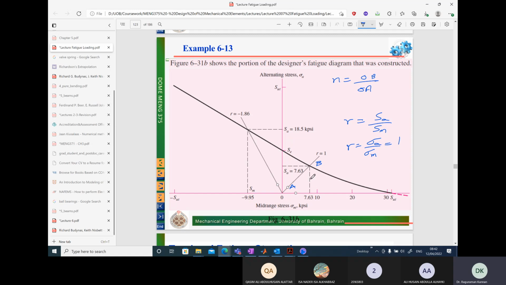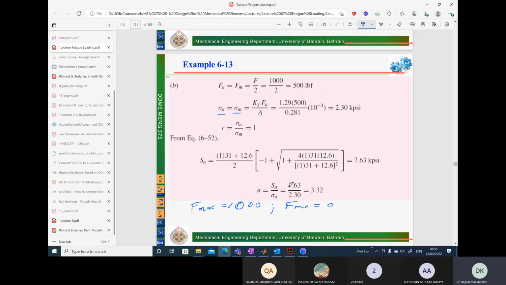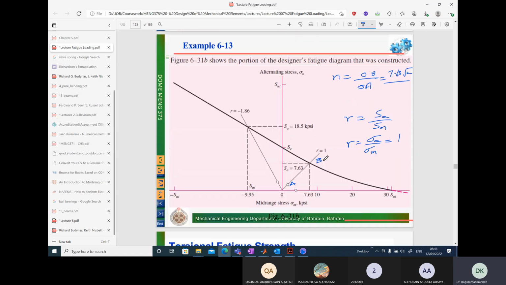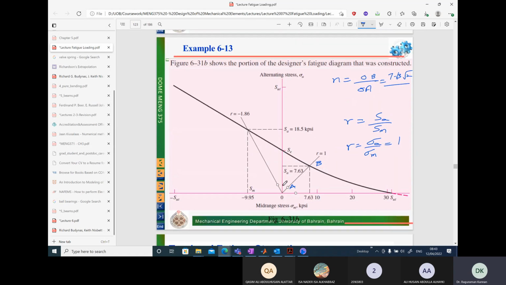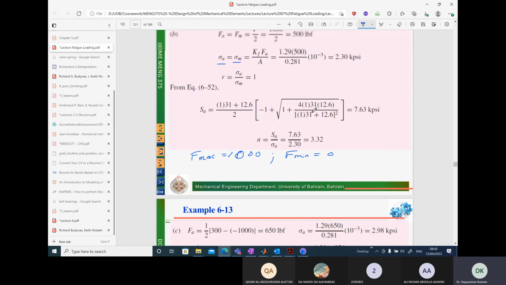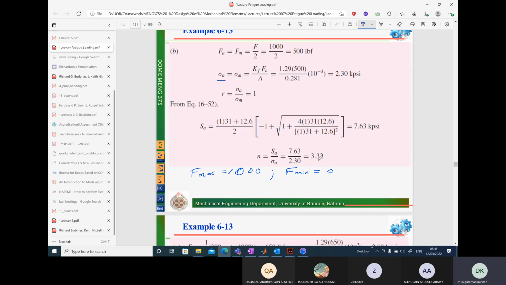Since this length and this height are equal, we can simply use Pythagoras theorem and write it as 7.63 root 2, divided by OA, which is going to depend upon this value here. Sigma A and sigma M values are 2.3, equal values. So using Pythagoras theorem, this hypotenuse is 2.3 root 2. You can cancel off the root 2's and then calculate the factor of safety, 7.63 over 2.3, and that is what we have here, 3.32.